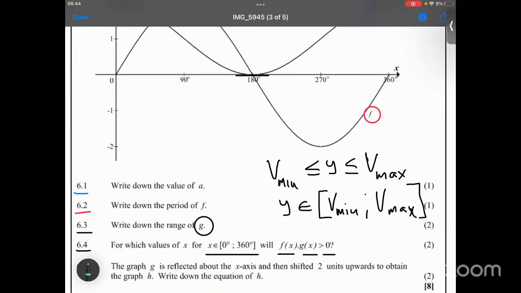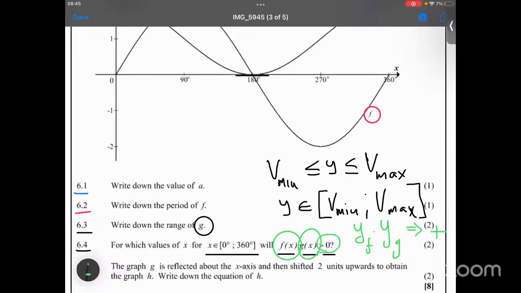You have to go to your function and check where you take y for the graph of f and you multiply it with whatever y value of g, you will get a positive value, because the positive value is the one that is above 0 or that is greater than 0.